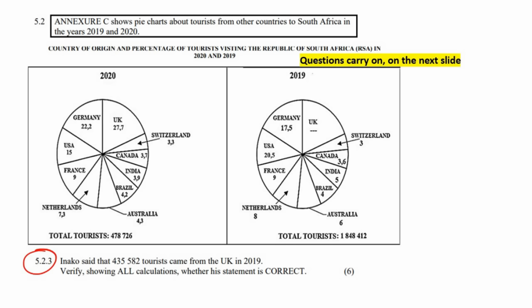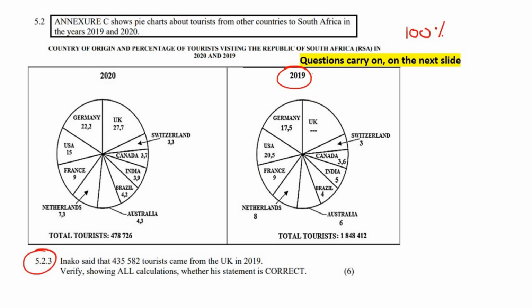This question says, Inako said that 435,582 tourists came from the UK in 2019. Show all calculations to see whether this is correct. Now, let's go to 2019, go to the UK. There's nothing there. But that's okay, because we need to realize that in a pie chart, all of these percentages are going to add up to, well done, 100%.